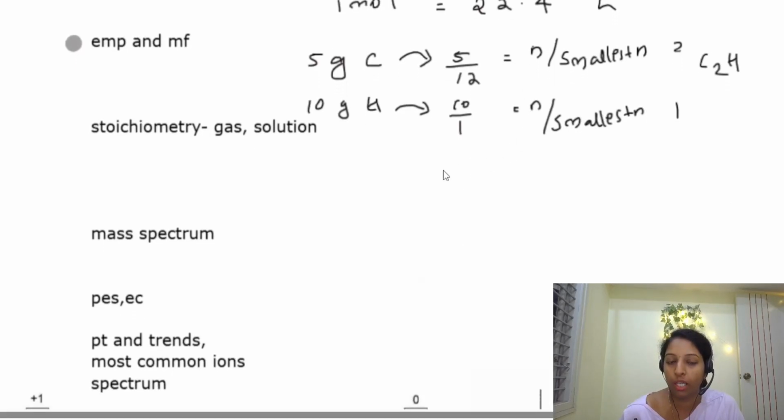If you need the molecular formula, they will provide the molecular mass. Divide the molecular mass by the empirical formula mass. What is the empirical formula mass?